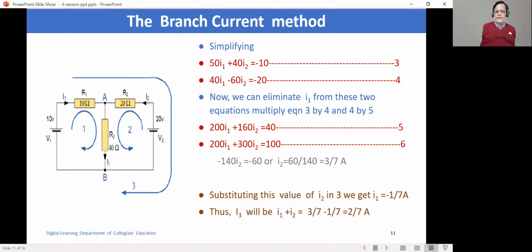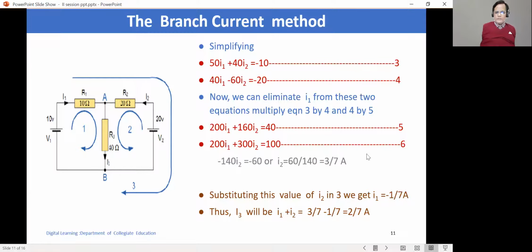Now, if we eliminate I1 from these two equations, we multiply equation 3 by 4 and equation 4 by 5 to end up with 200 I1 plus 160 I2 is equal to 40, and 200 I1 plus 300 I2 is equal to 100. On solving, we get I2 is equal to 3 by 7th of an ampere.